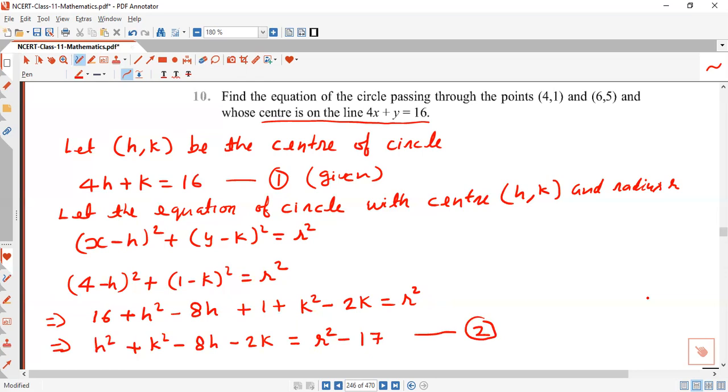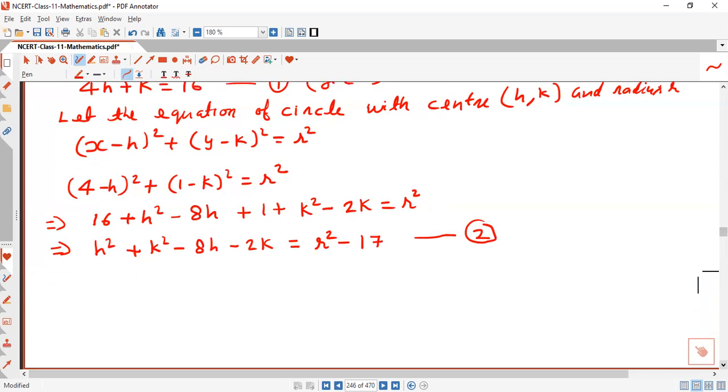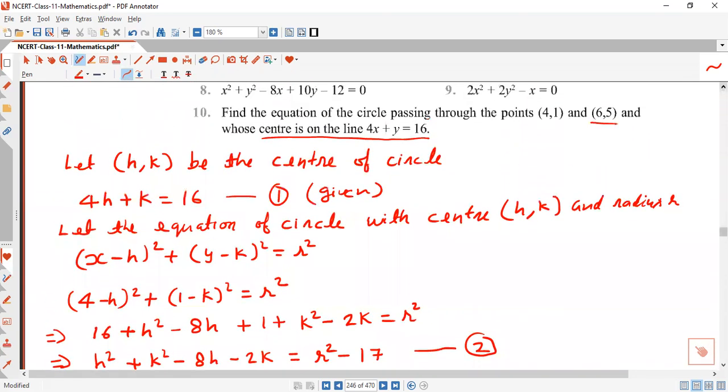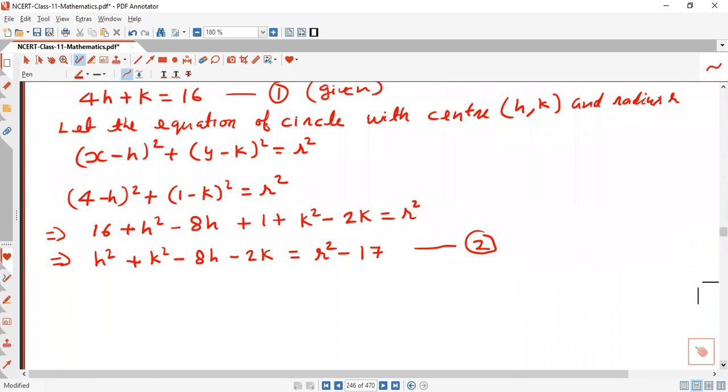Similarly, 6 comma 5 also lies on the circle. So 6 minus h whole square plus 5 minus k whole square equal to r square.